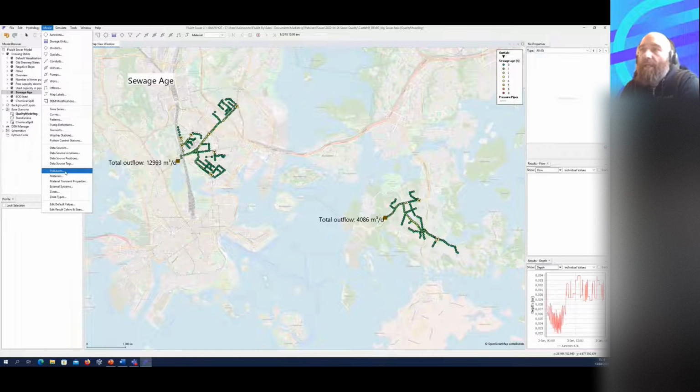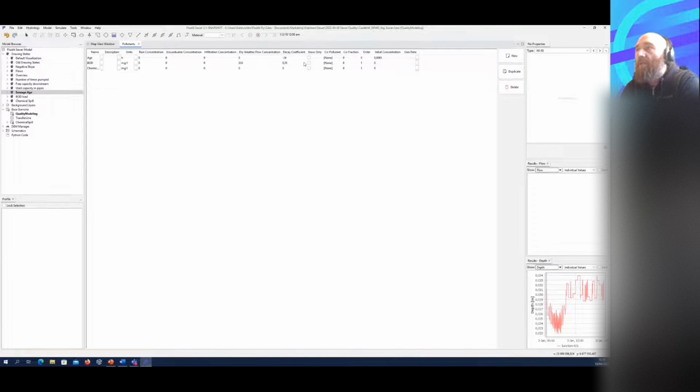It is done as a pollutant with a coefficient of -24. It's a pretty simple way to model the age. The BOD will be modeled as 330 milligrams per liter, so it's the 50 grams per resident per day converted into typical usage of water in Finland, and the decay coefficient is here.